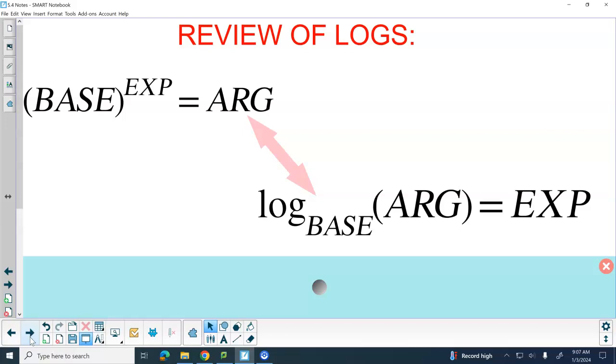Yes, this should definitely be on your note sheet: if you have the base and an exponent, so if we have it in exponential form, base to a power equals argument, then to solve that, if the variable is in the exponent, we have to switch it into log form. Log base of the argument equals the exponent. That should 100% be on your note sheet.